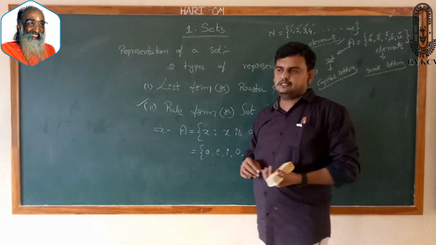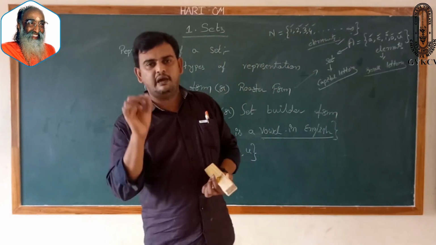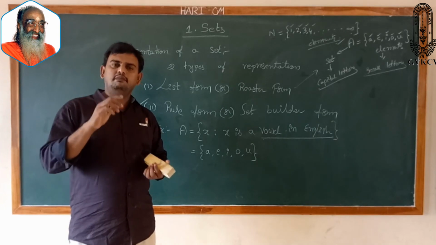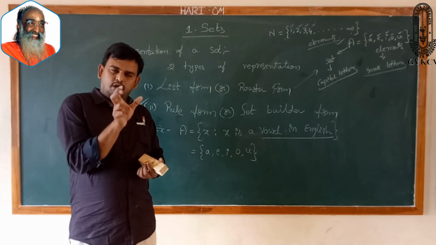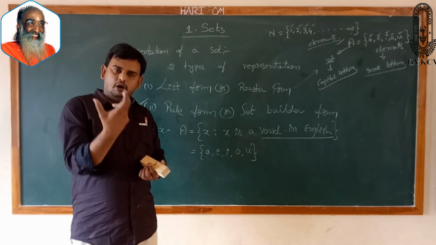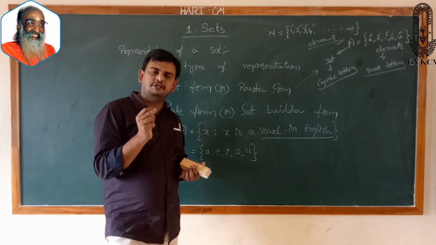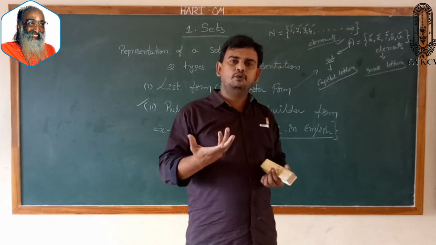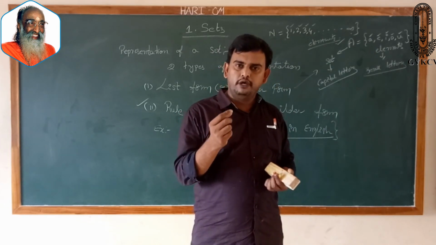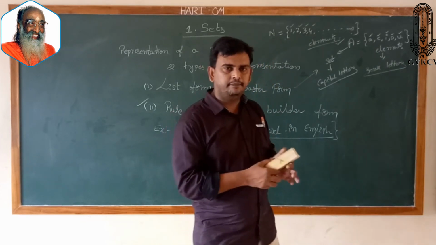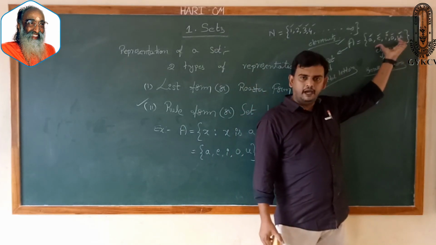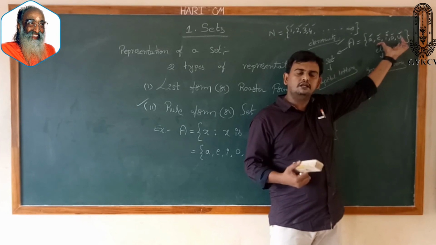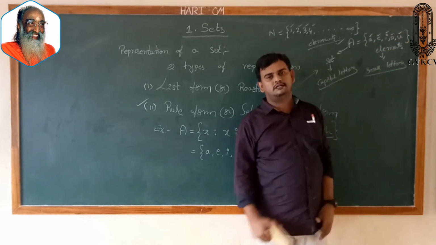Usually sets are always denoted with capital letters, and the things within the flower brackets, the objects we have, are called elements. Elements are usually denoted with lowercase letters.